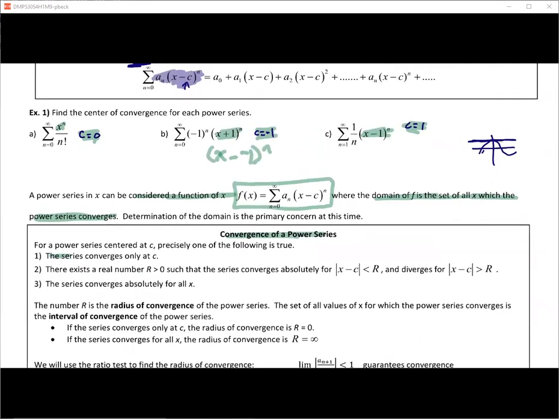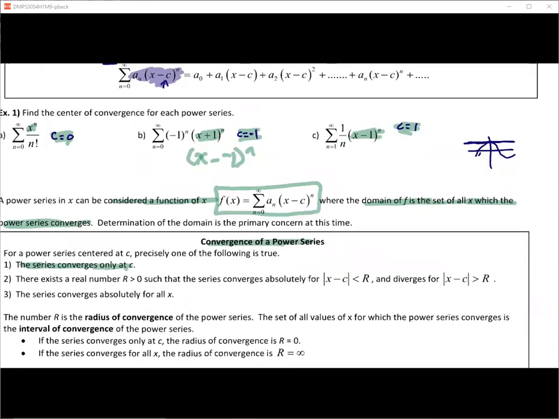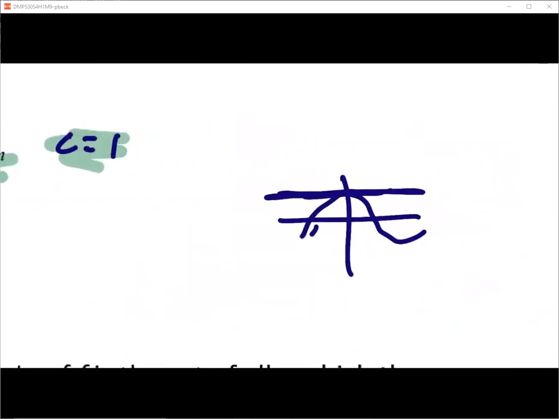First case is the series converges only at x equals c. What does that mean? Let's take a look at the cosine function that we worked with last time. We have our cosine function, which does this, and we started approximating it with a series. The way we started approximating was we created a function, in this case a 0-degree function, or you could say linear function as well.